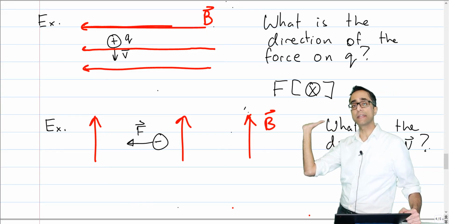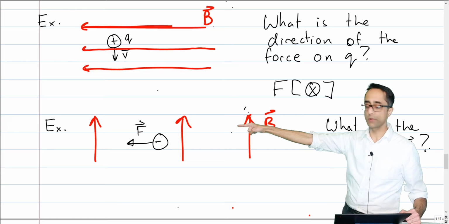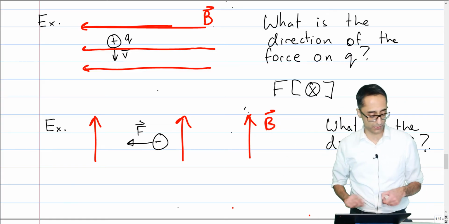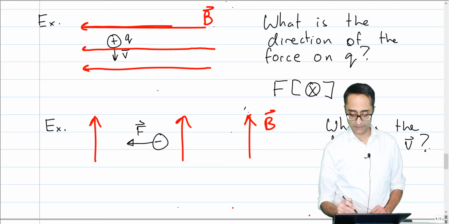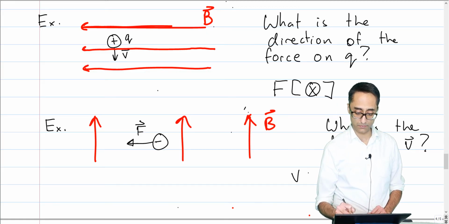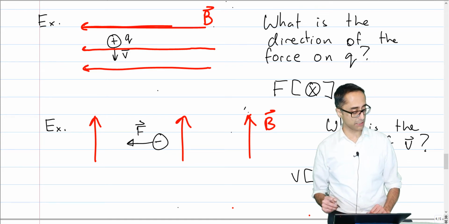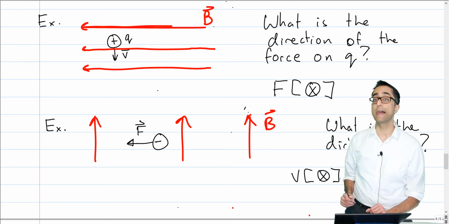But because it's a negative, I flip it, and it is going that way to the left. So that is correct. The direction of V should be into the page again. Cool. All right. And you'll get lots and lots of practice with that.